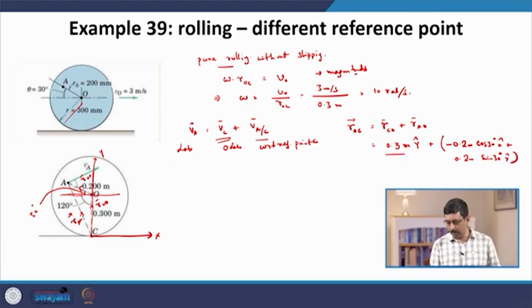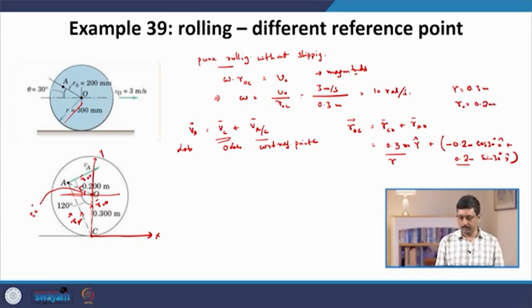Let us say R is equal to 0.3 meter and R naught is 0.2 meter. It is easier to write down the expression, and we will plug in the numerical value at the end.